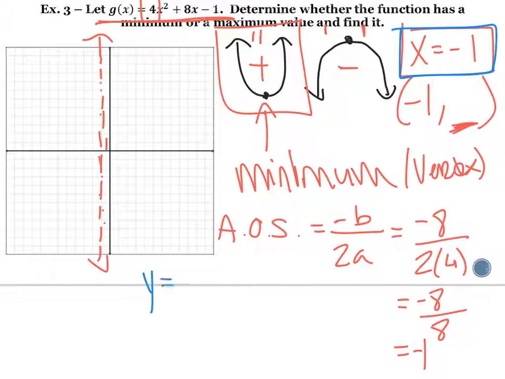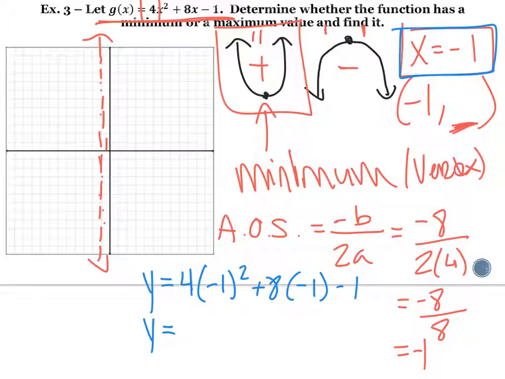So y is equal to 4, and then in parentheses negative 1 squared plus 8 times negative 1 minus 1. So negative 1 squared is 1, so we have 4 minus 8 minus 1. And when you add all those together, you get a negative 5. So I know my y is negative 5.